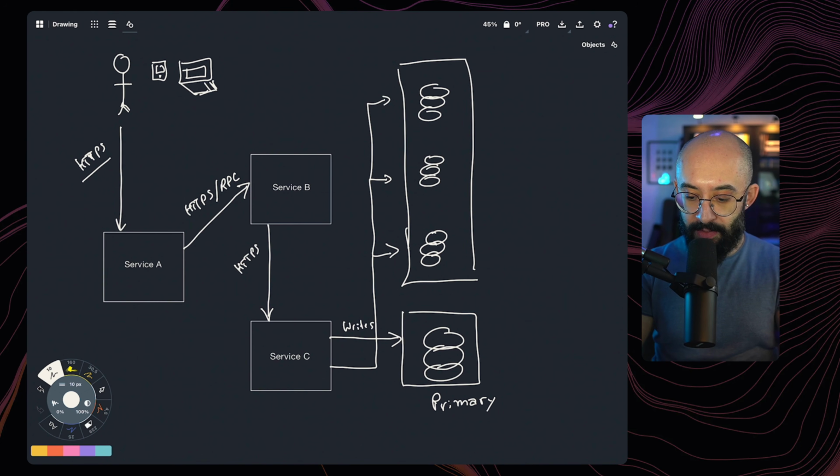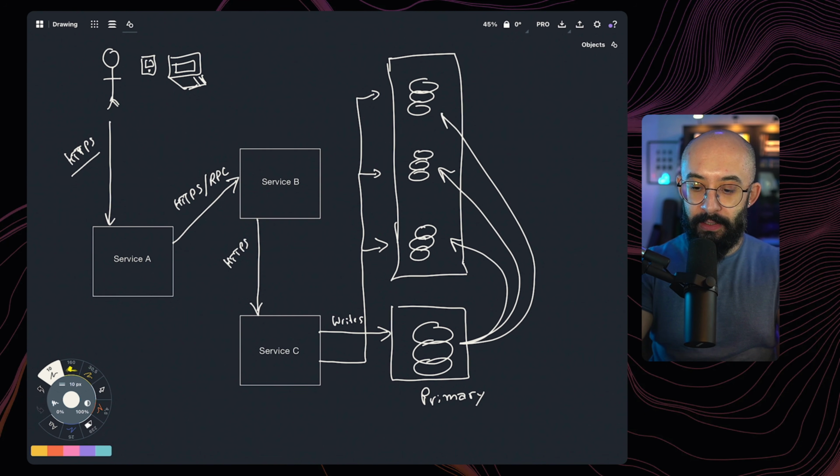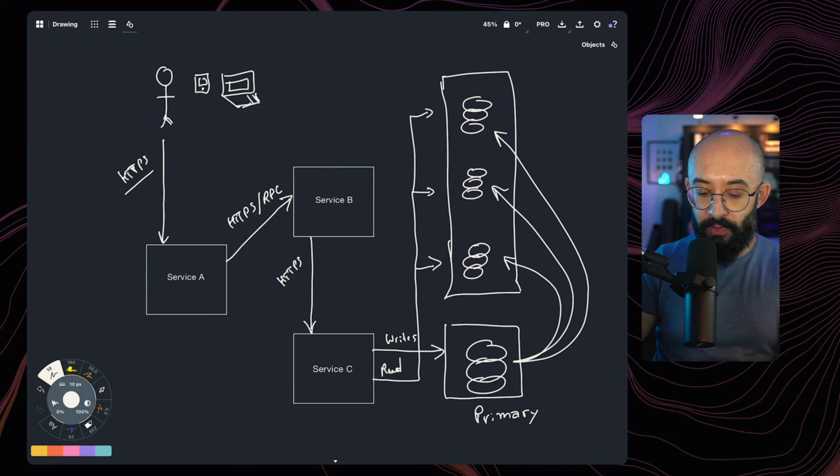So the way this works, if you're using MySQL, you might be using Vitess. If you're using PostgreSQL or MS SQL Server, you have some baked-in replication solutions over there. But we're going to assume that service C only writes to the primary, which writes to the replicas to make sure that they are consistently being maintained and they stay up to date, because whenever we try to read, we want to read information that is up to date, obviously.